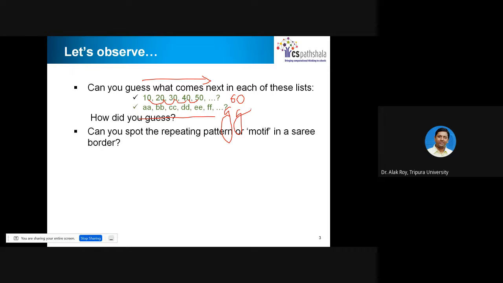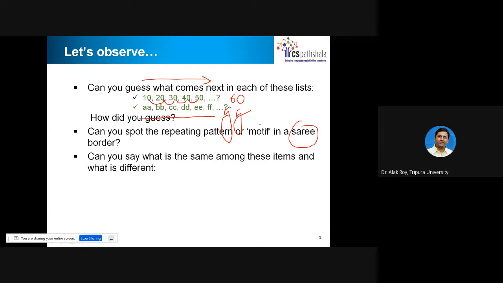So everything we get depends upon the observation. Or in the last class we have seen in a sari there is some design known as a motif. And sometimes for words, like what is the uncommon one here among apple, pomegranate, cherry, papaya, beetroot, which one is uncommon? Beetroot is uncommon here.